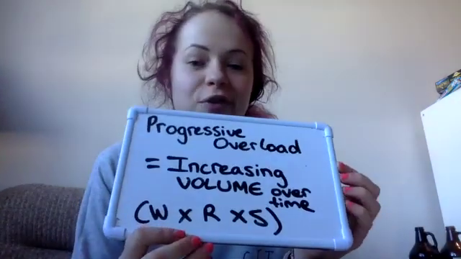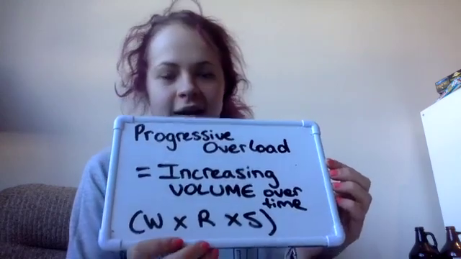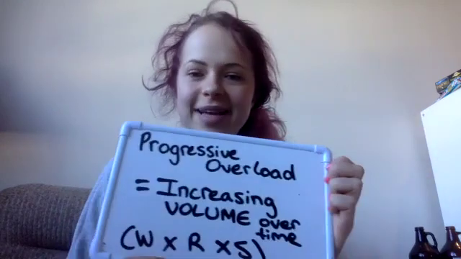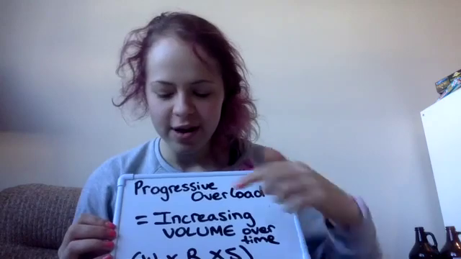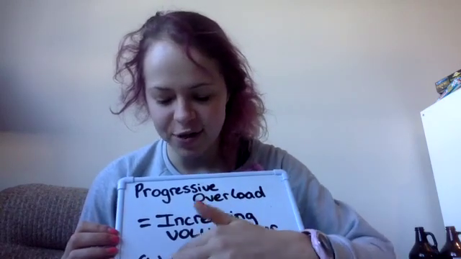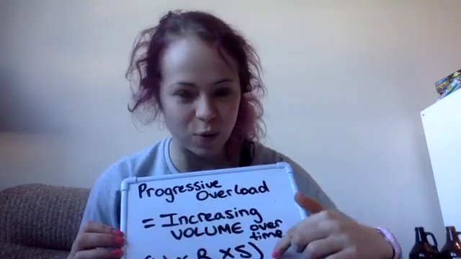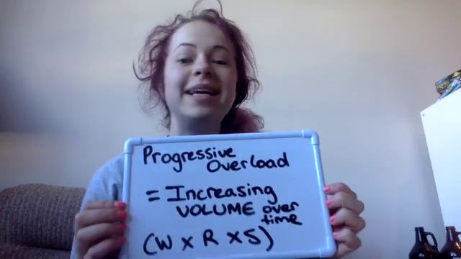All good programming must incorporate what we call progressive overload. It must. Progressive overload simply means increasing total training volume over time. I normally do this on a weekly basis. You want to make sure that for each exercise, the weight times reps times sets, whatever that equals, is increasing over time.